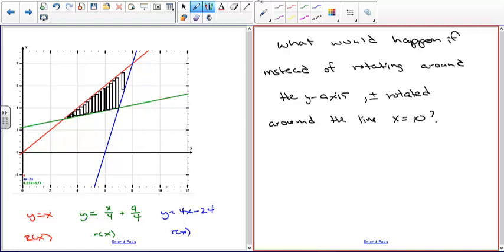So let me just draw that line, because the y-axis is x equals 0. So the y-axis is the same as the vertical line x equals 0.